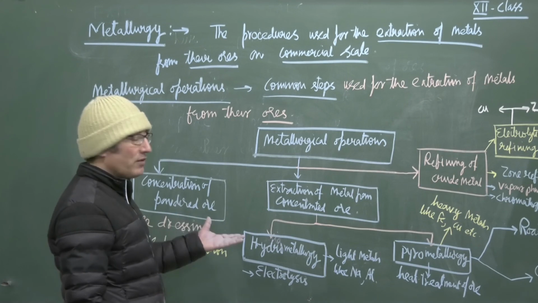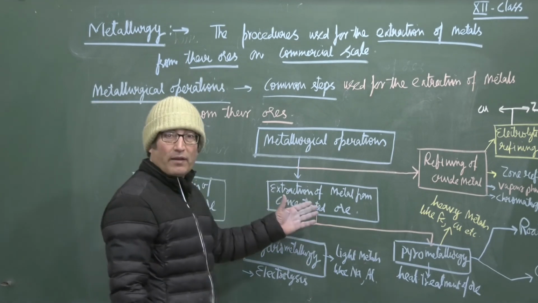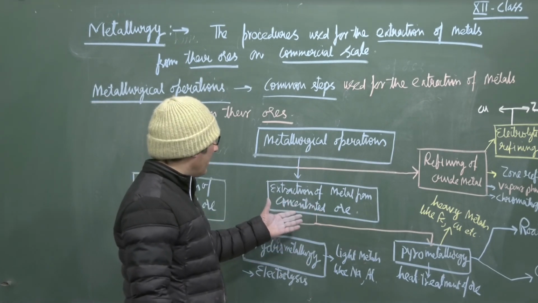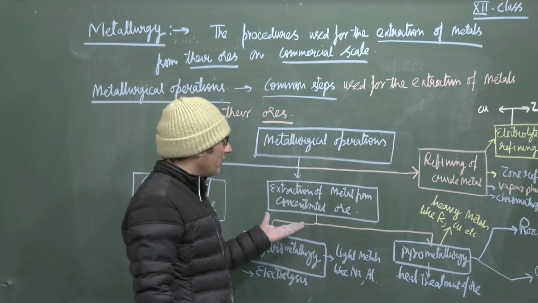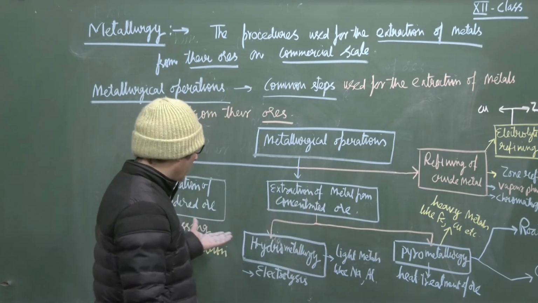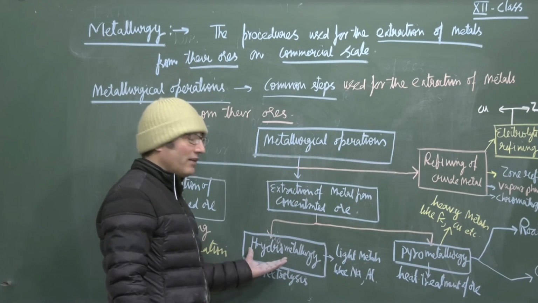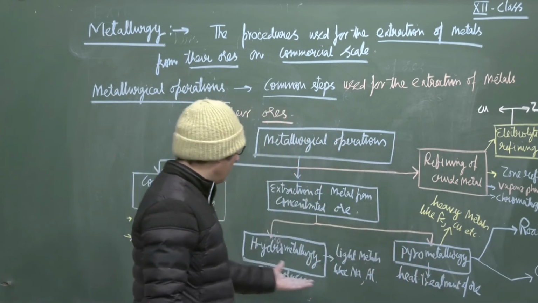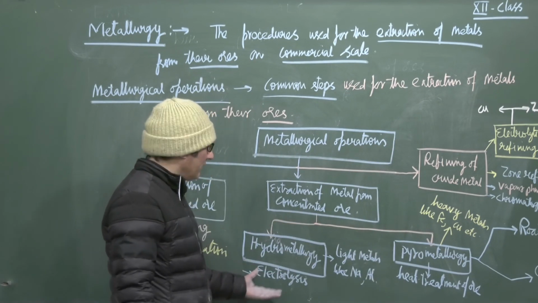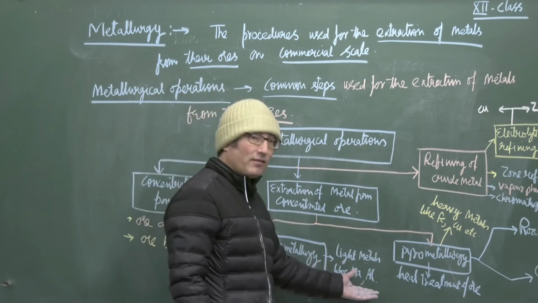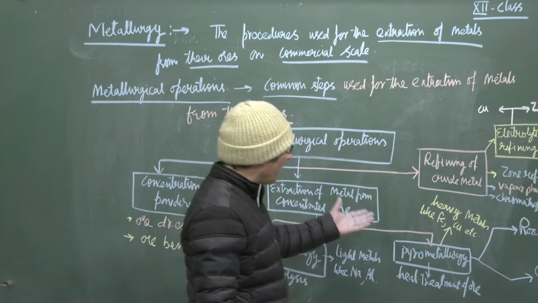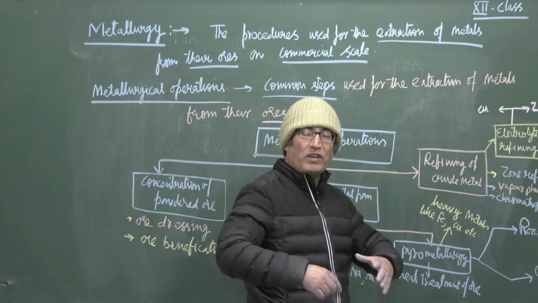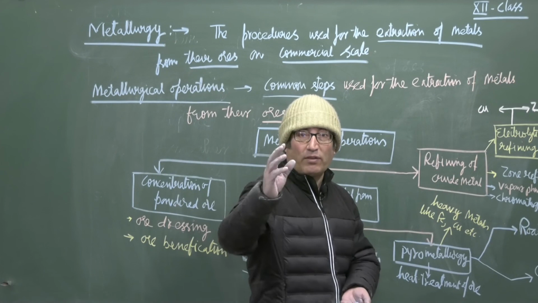Once the ore is concentrated, it's further subjected to extraction. For extraction from the concentrated ore, there are two procedures: either hydrometallurgy or the heat treatment called pyrometallurgy. Hydrometallurgy is electrolysis, used for extraction of light metals like aluminium and sodium, whereas pyrometallurgy means heating to extreme temperatures as high as 2000 degrees Celsius.